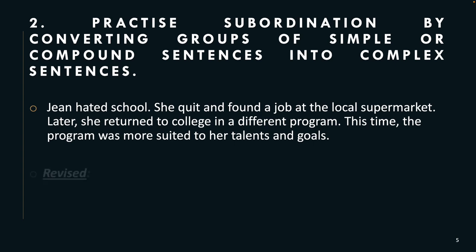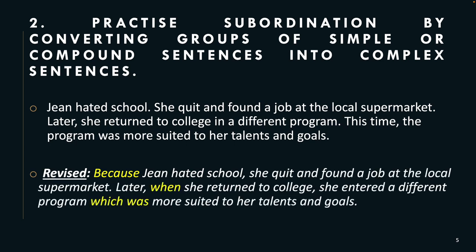To convert this, we would add: because Jean hated school, she quit and found a job at a local supermarket. Later, when she returned to college, she entered a different program which was more suited to her talents and goals. You can see when and which introduce a dependent clause.